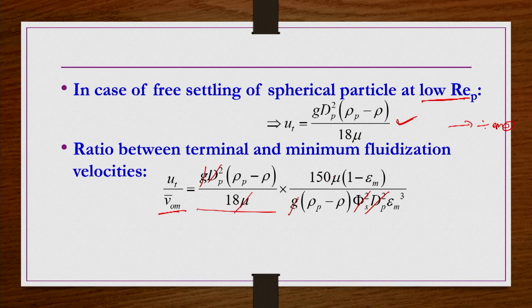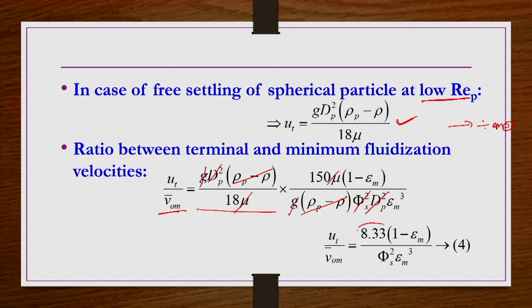Mu is also cancelled out, and delta rho can be cancelled out. So what we have is (1 minus epsilon_m) by epsilon_m cubed, multiplied by 150 by 18, that is 8.33. That is what we get here.